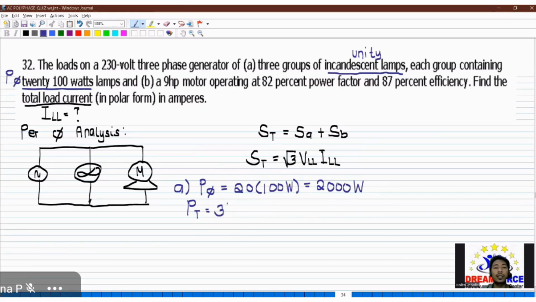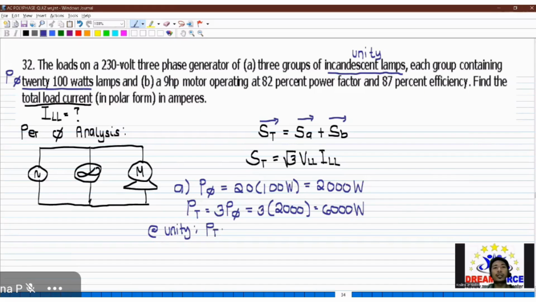Kunin natin si power total. So that is just 3 power per phase, or this is also 3 multiplied by 2000 watts, or this is also 6,000 watts. Okay? So again, ang hinahanap pala ay current na nakapolar. So ibig sabihin, kailangan nating isama yung angle ni S. So again, we have your incandescent, so therefore, it is unity.